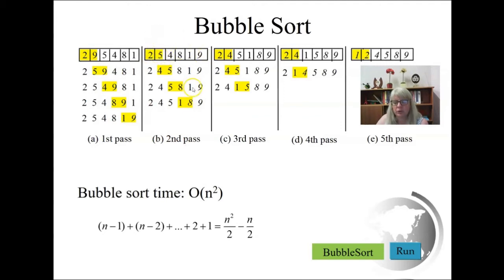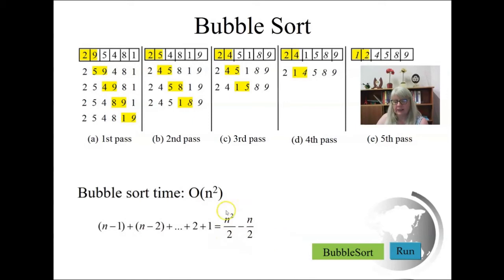And the third pass, and so forth. And here's the idea that it's the first one, so it's n minus 1, n minus 2, and so you can compute that, and with all of this done, you will also get to this formula, and that is still order n squared.